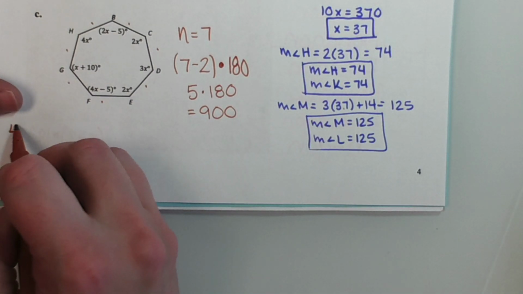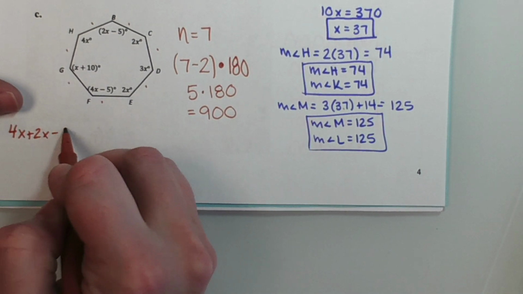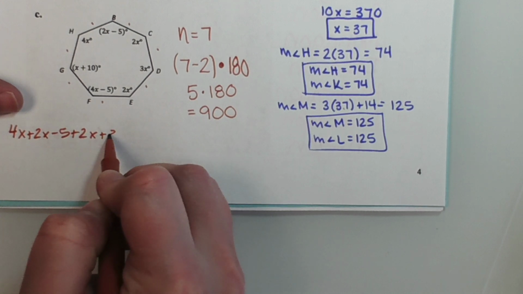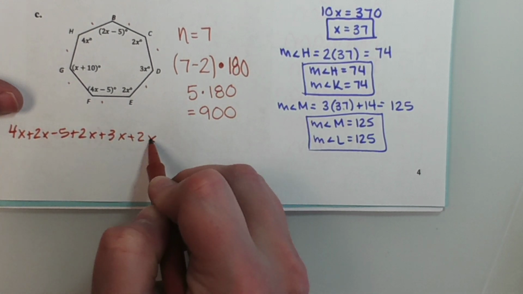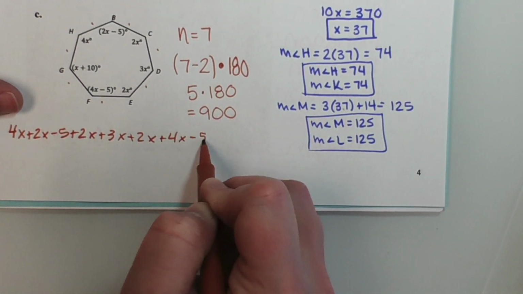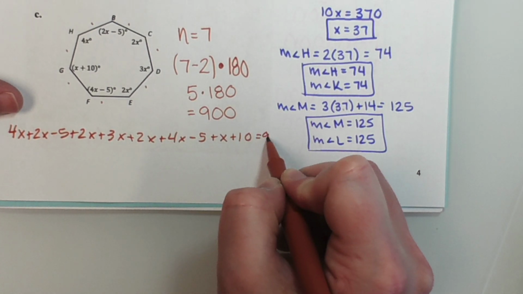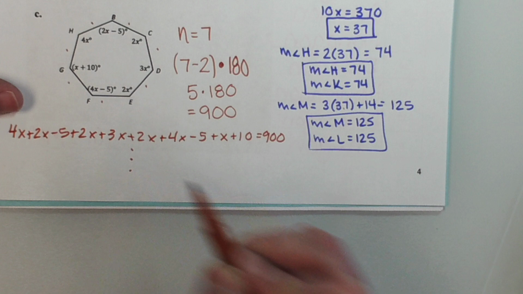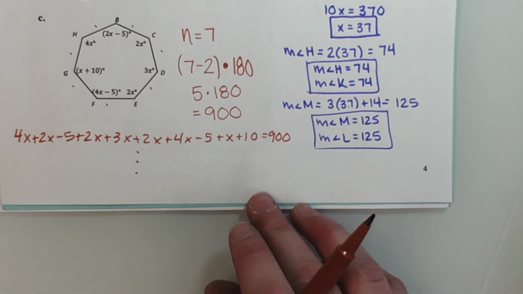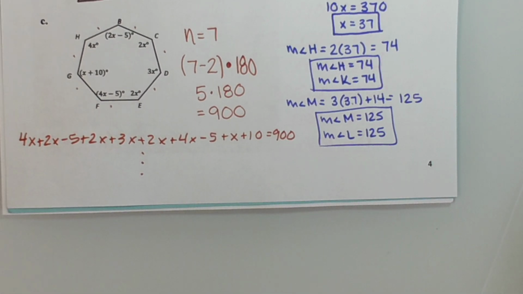And so you would simply say 4x plus 2x minus 5 plus 2x plus 3x plus 2x plus 4x minus 5 plus x plus 10 equals 900. And then you would solve. We're going to stop right there. Good. Don't ask me what the answer is. I don't know. I haven't solved it yet.